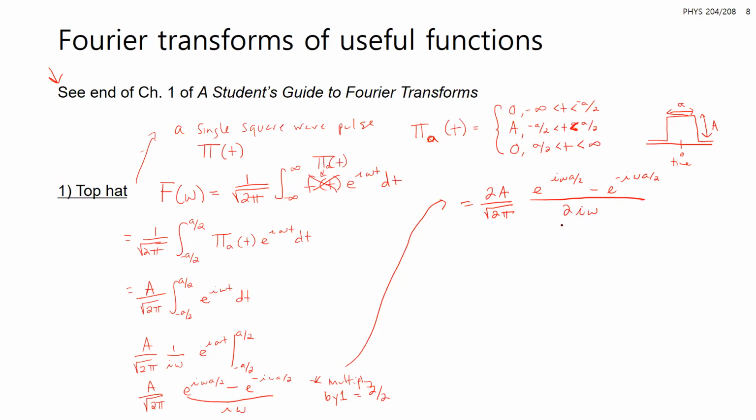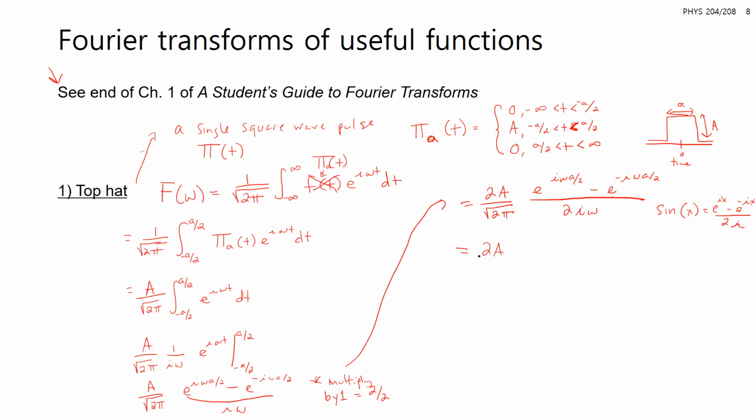We did this so we can use the trig relationship where the sine of x is e to the ix minus e to the negative ix, divided by 2i. So using this trig relationship, we can then write this in a different form.